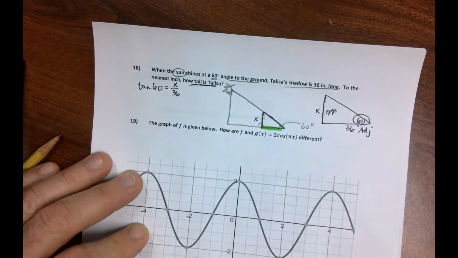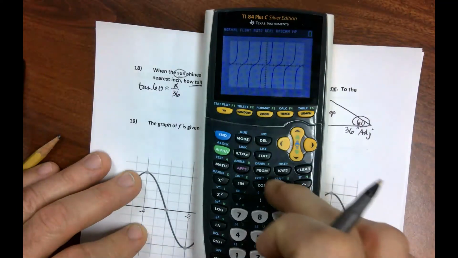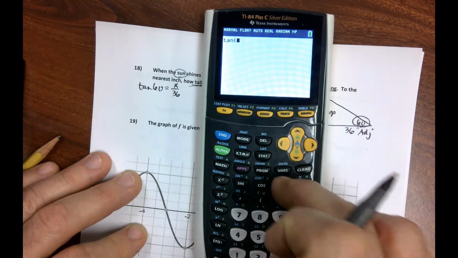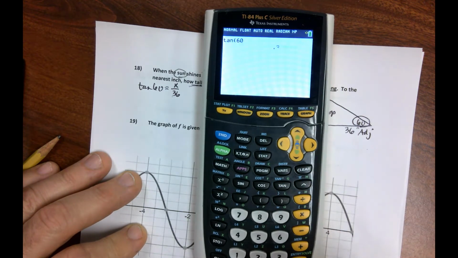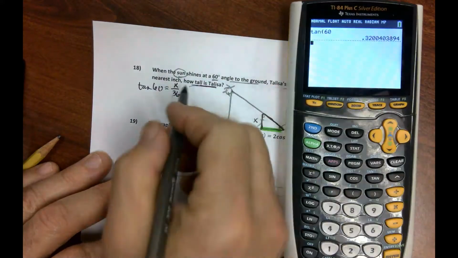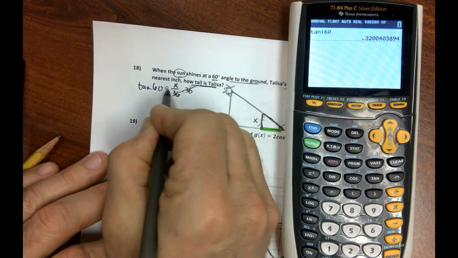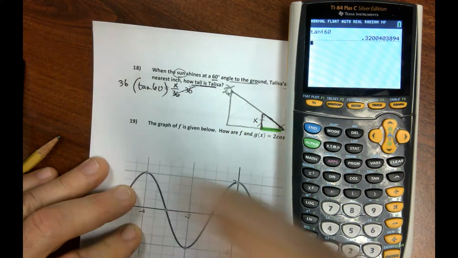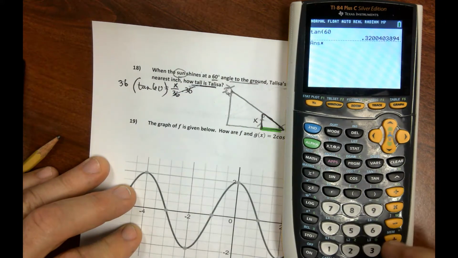Now I'm going to take my calculator and go tangent of 60 degrees. Remember, I have to multiply both sides by 36, so those cancel. So I'm going to go times 36.